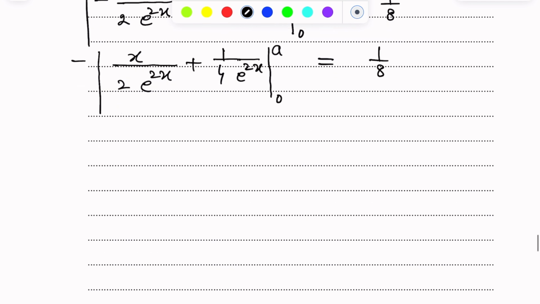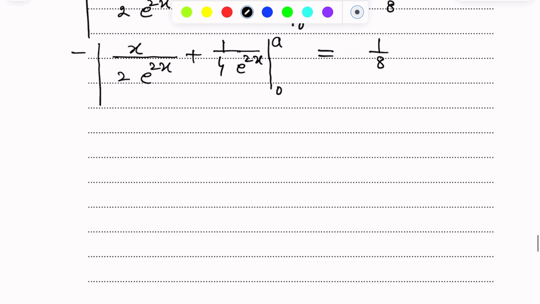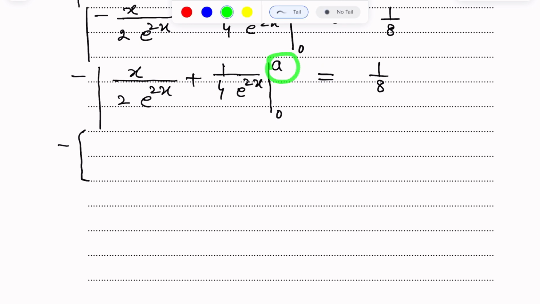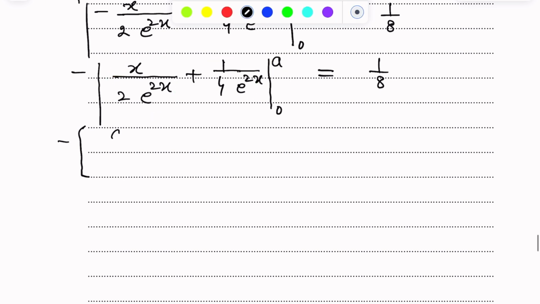Now applying the limits, minus remains as such. We are applying the upper limit a. In place of x we are putting a over 2 e power 2a plus 1 over 4 e power 2a.